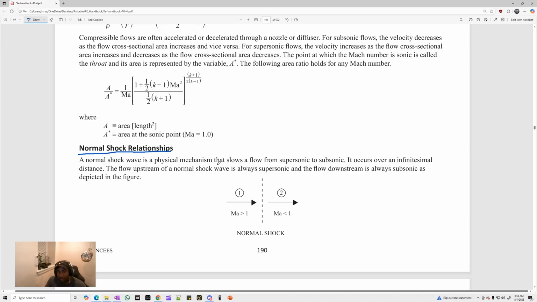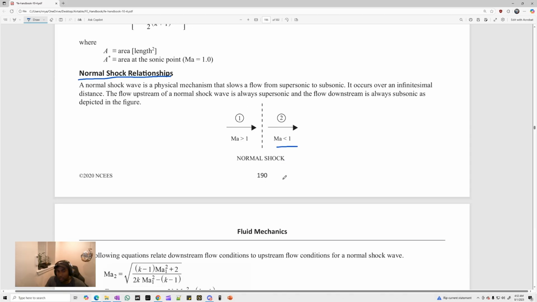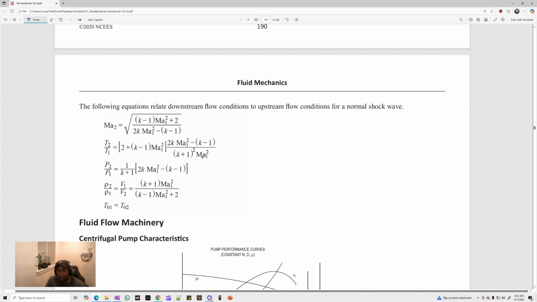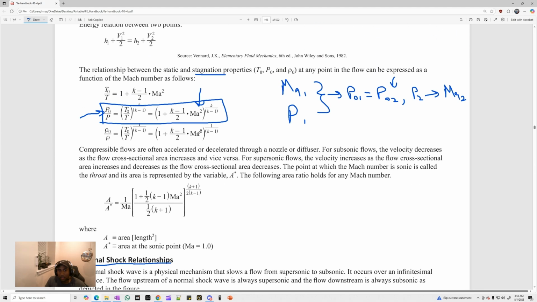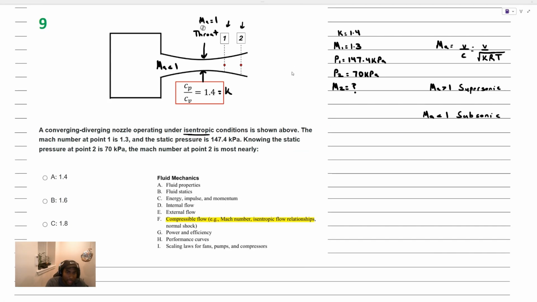Across a normal shock, you go from Mach greater than 1, supersonic, to a subsonic flow, and there are some relationships here you can follow if you get a normal shock wave problem. But for our problem, we have this relationship. Let's go ahead and execute on our plan.